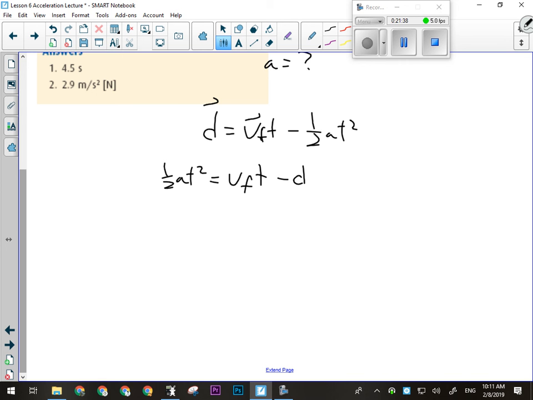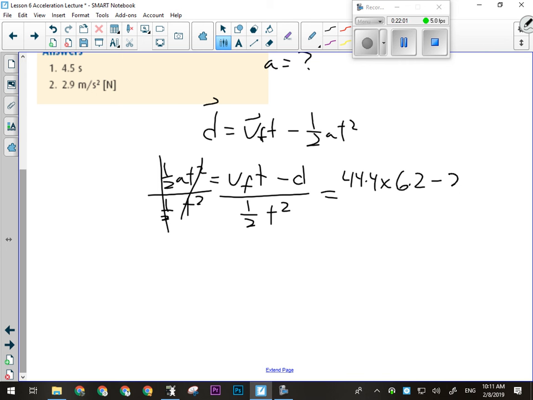I'm trying to find A. Everything's now multiplied together, so I just divide both sides by 1/2 of T squared, and that leaves me with positive A. Now I can plug in my numbers: 44.4 times 6.2 minus 220, that was our displacement, divided by 1/2 times 6.2 squared.